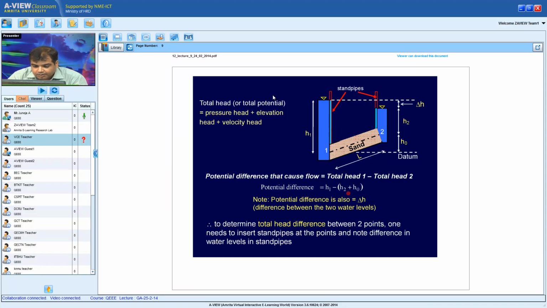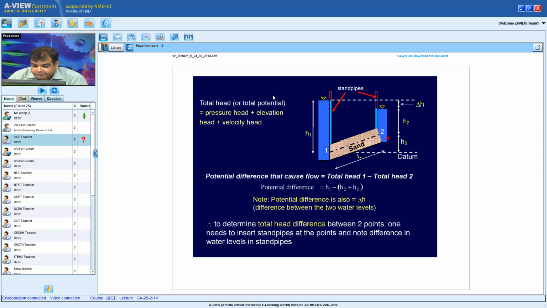Okay, come back to this one. The potential difference, or the head difference which causes the flow, equals H1 minus H2 plus H0.